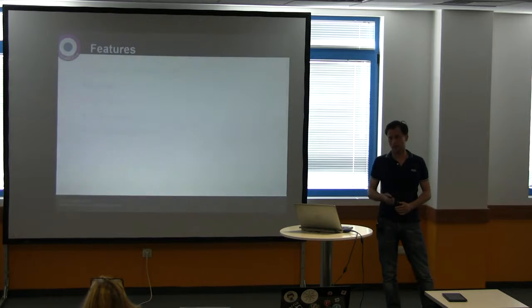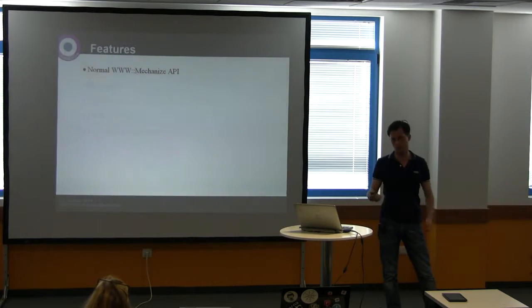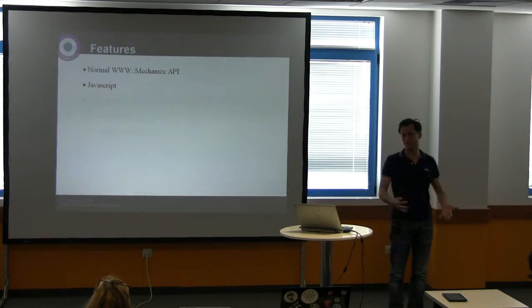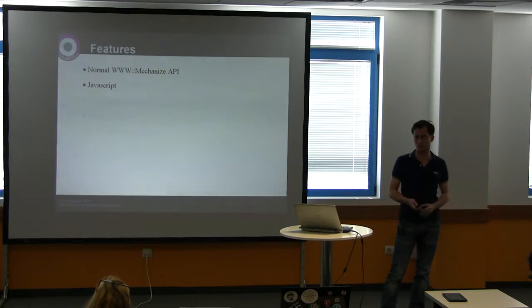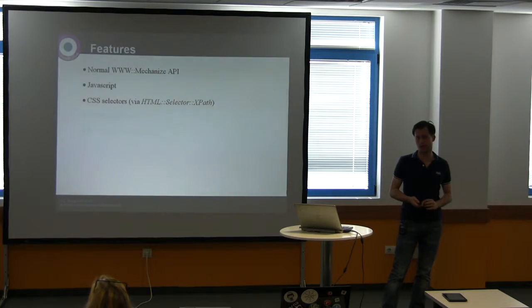So, what can we do using PhantomJS? It has enough of the normal WWW Mechanize API. Get works, you can click on things, you can list all the links and whatever. In addition, it does JavaScript, which is the main motivation of using an external browser. It also allows you to select items using CSS selectors by virtue of HTML selector XPath.